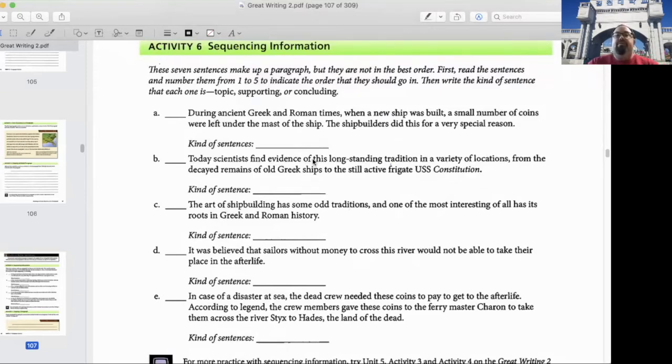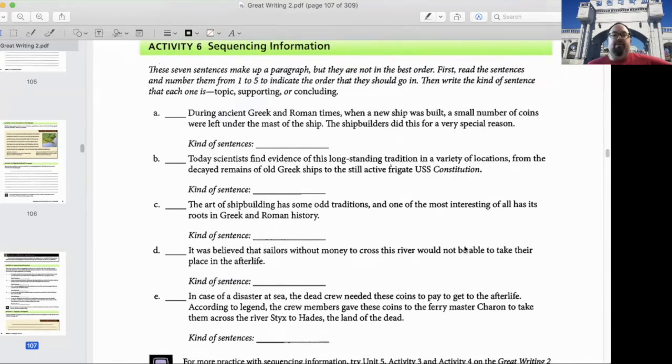What I would do first is try to find the topic sentence. And if you know the topic sentence, you can probably use that to figure out the concluding sentence. Okay, so number 1 will be topic, number 5 will be concluding, and then be sure to write the sentence type in the line here.